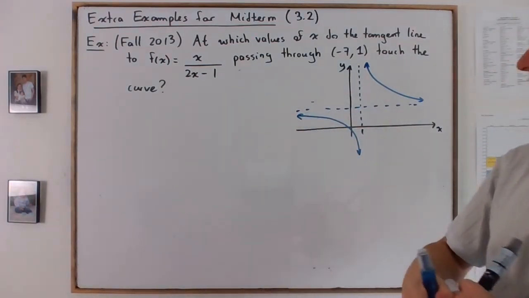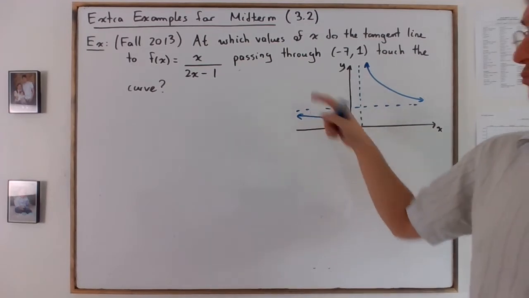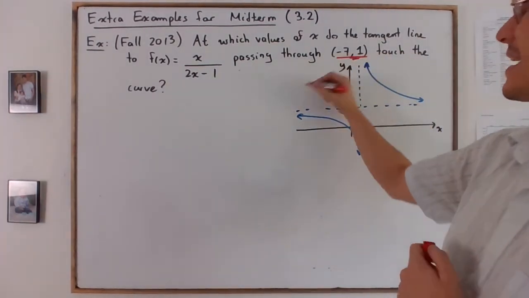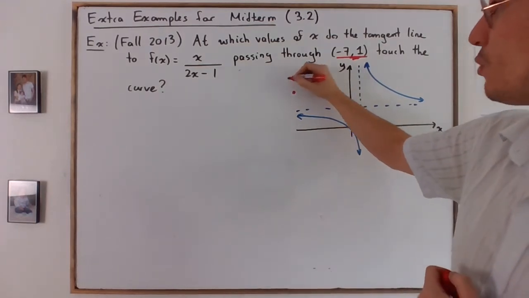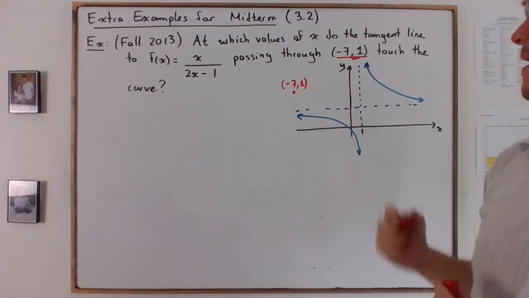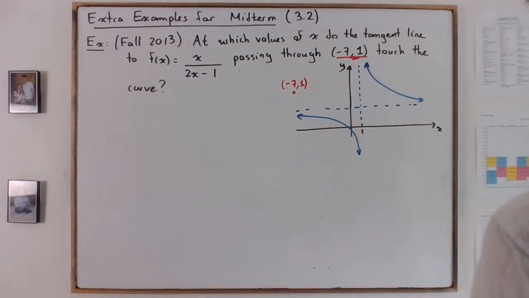The point is that you have a point which is given. It's negative 7, 1, which maybe will be here. And you have tangent lines.